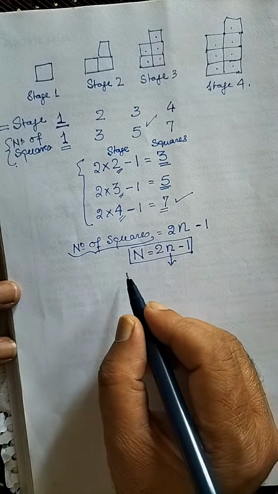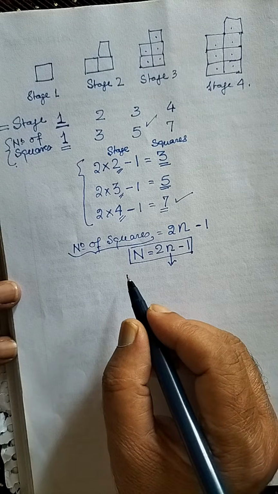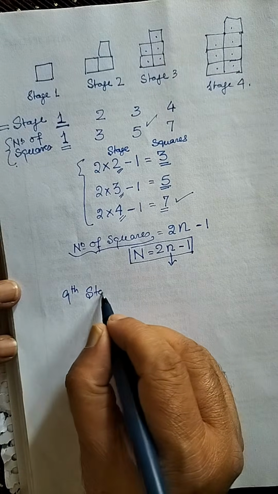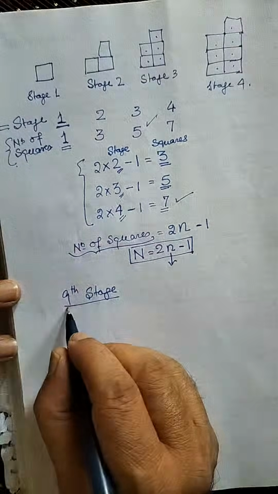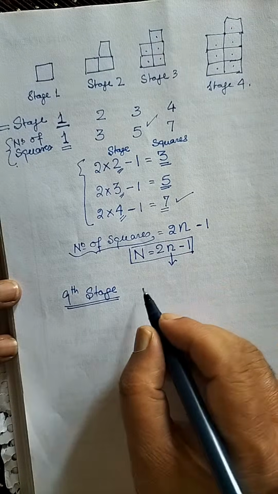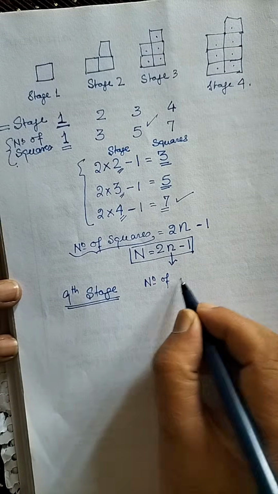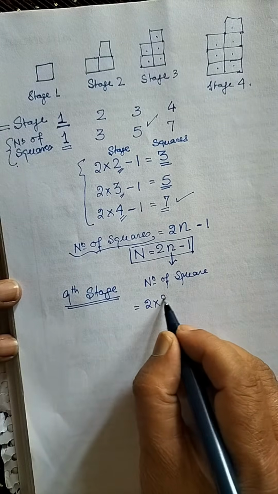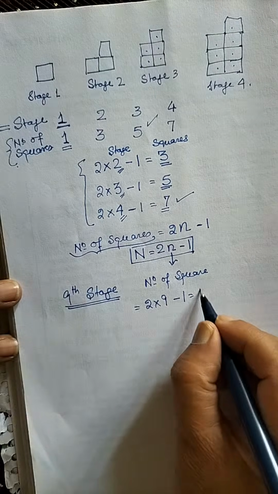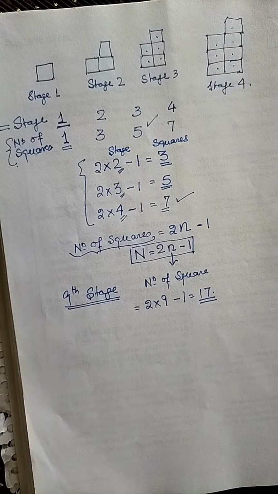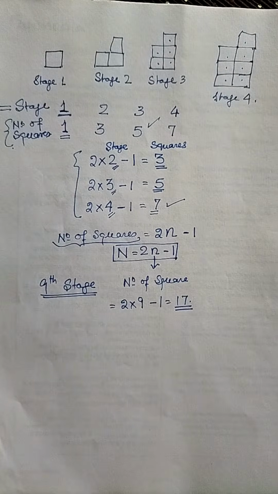If you are asked what will be the number of squares in, say, the ninth stage, once you are clear and convinced with this relationship, you will be able to say the number of squares will be 2 times the ninth stage minus 1, that is 17 squares. Hope it is clear. In the next session we will do questions related to this.